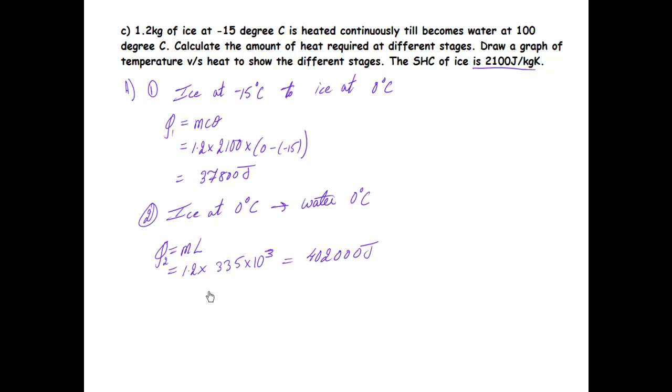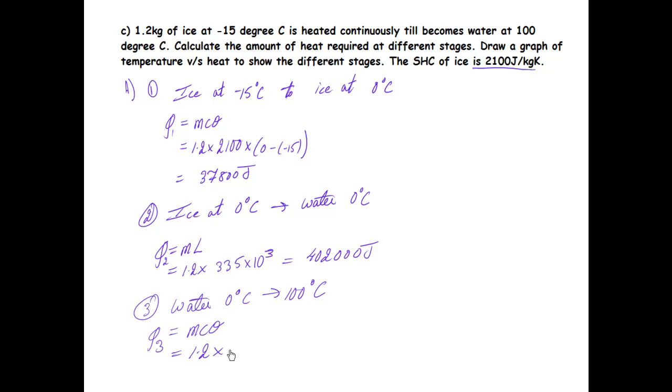402,000 joules. And finally, the last stage of heating, when the temperature is increased from 0 degrees Celsius to 100 degrees Celsius. So water's temperature is increased from 0 to 100. So again we can use the formula Q is equal to mc theta, m being 1.2 kg.